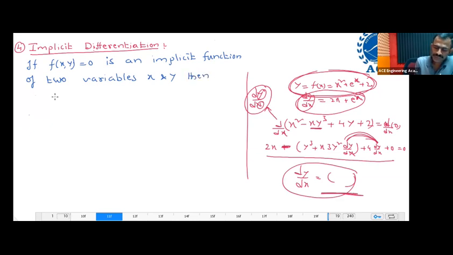Then dy by dx equal to something by something, that is numerator by denominator. In the numerator, dou f by dou x. In the denominator, dou f by dou y.